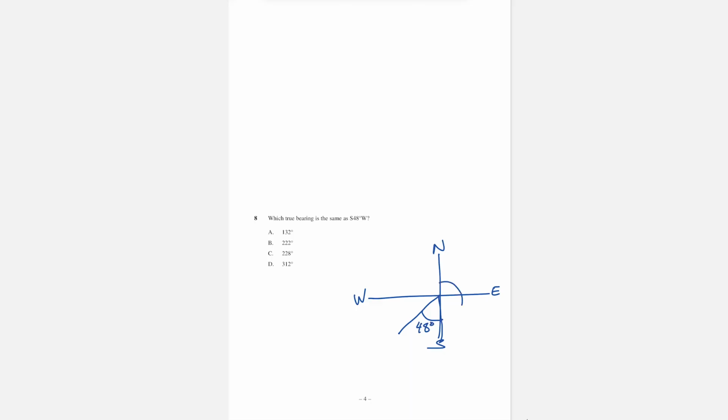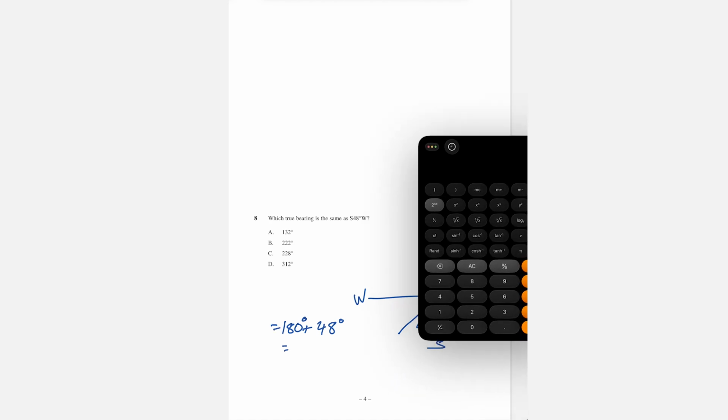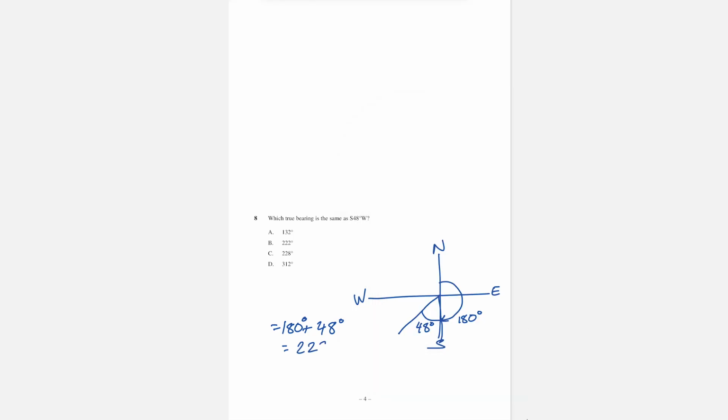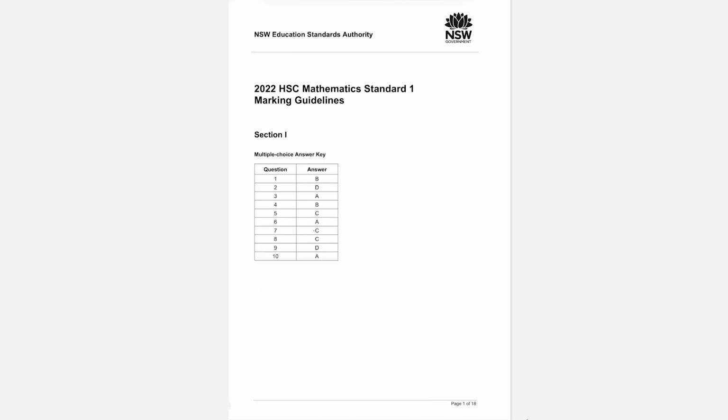So all we need to do is add 180 with our 48. 180 plus 48 is our answer. So putting that into our calculator, 180 plus 48, 228. So the answer is C.